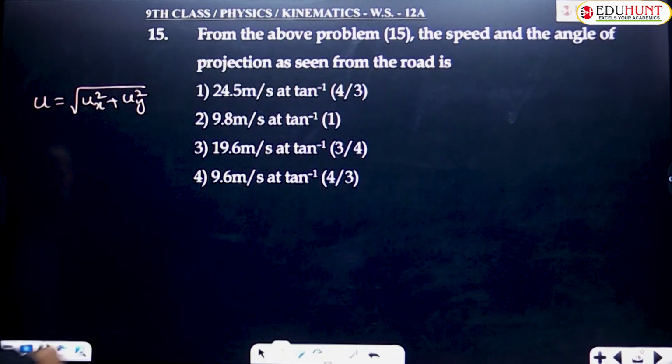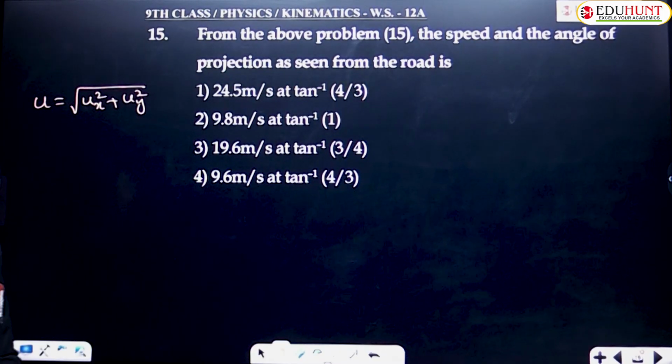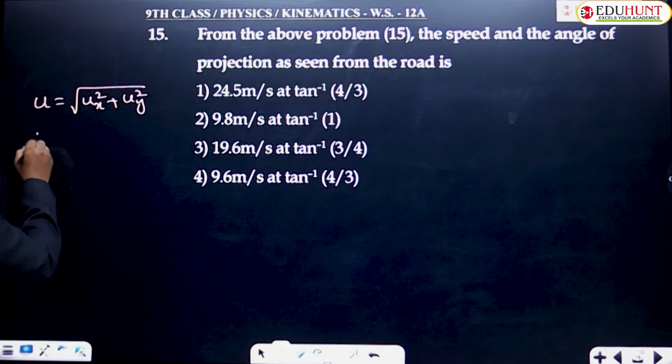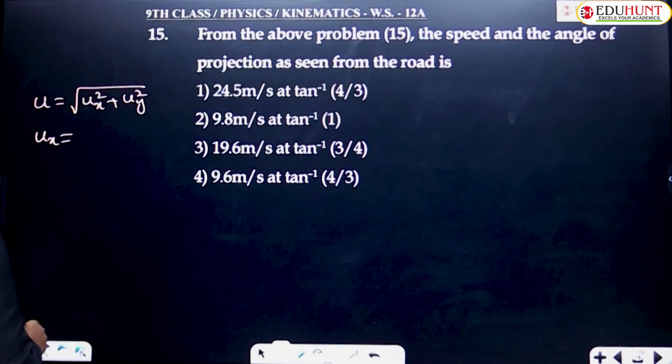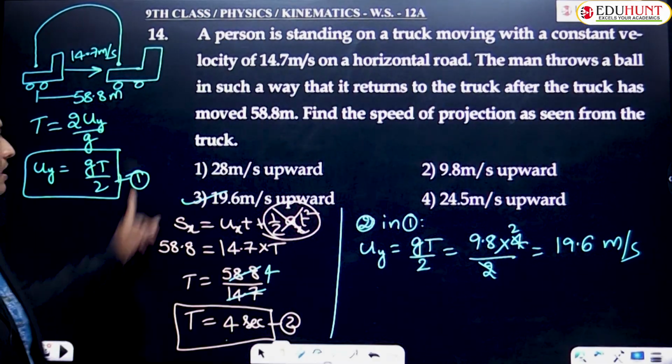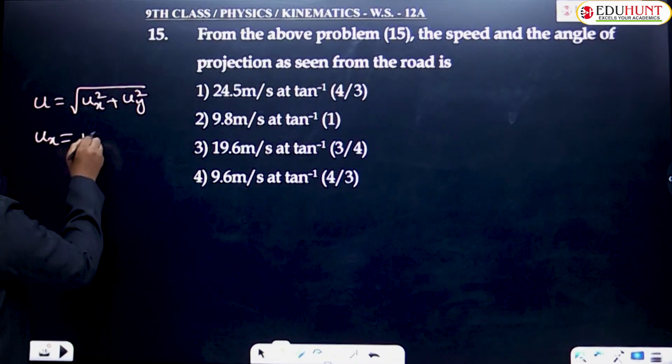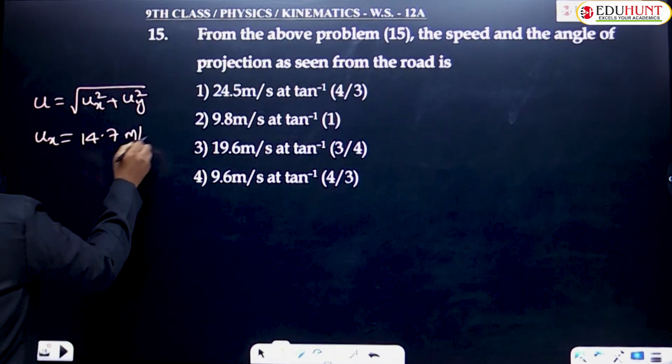It will be having both horizontal initial velocity as well as vertical initial velocity, where the value of ux itself, they have given it as horizontal velocity, is nothing but 14.7 meter per second.